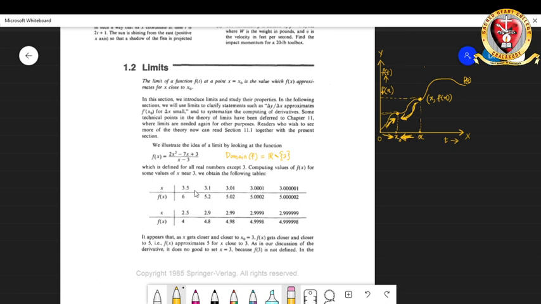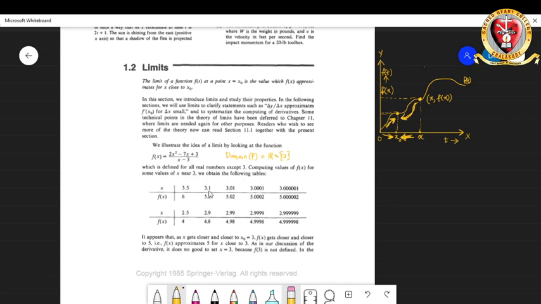Suppose x is equal to 3.5. You calculate 2 into 3.5 squared minus 7 into 3.5 plus 3, divided by 3.5 minus 3. When you calculate, you get the value 6. You can use your scientific calculators and find it out to get 6.